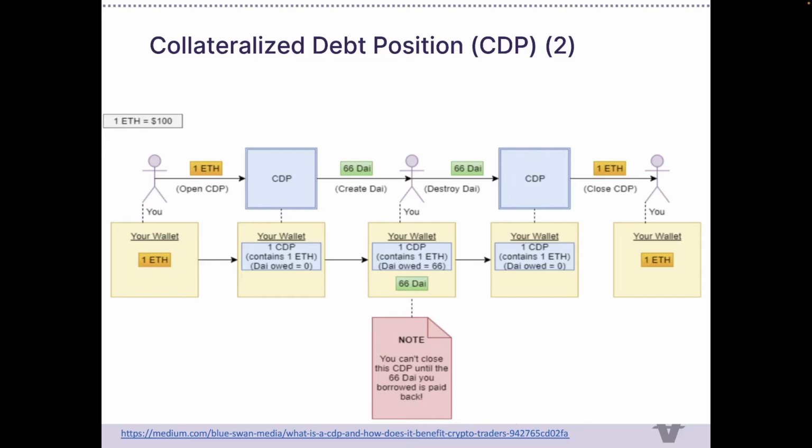What I mentioned before is that the Maker governance token is only involved in deciding which asset can be used as collateral. Maybe they decide that you can also put up Shiba Inu, right? But that's done through the Maker protocol.